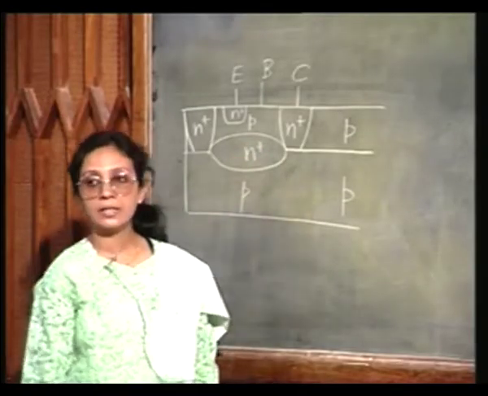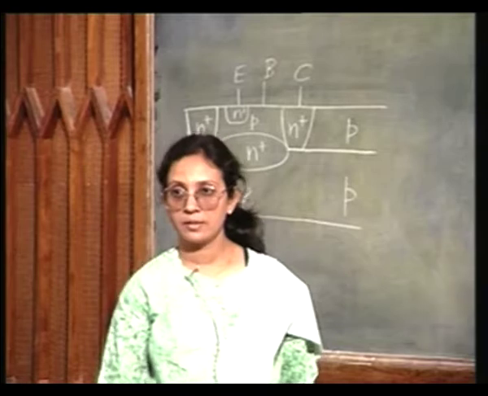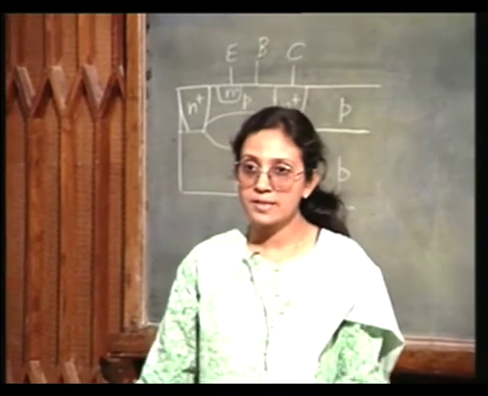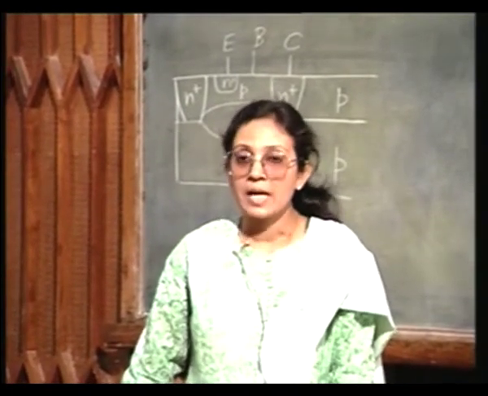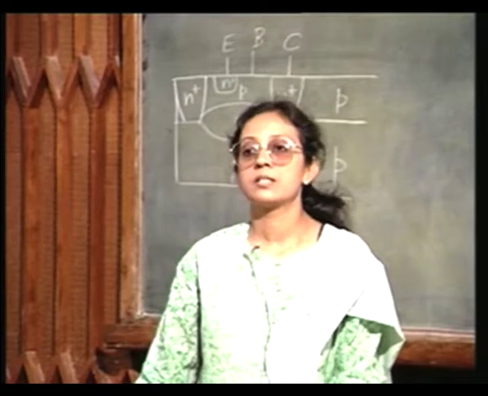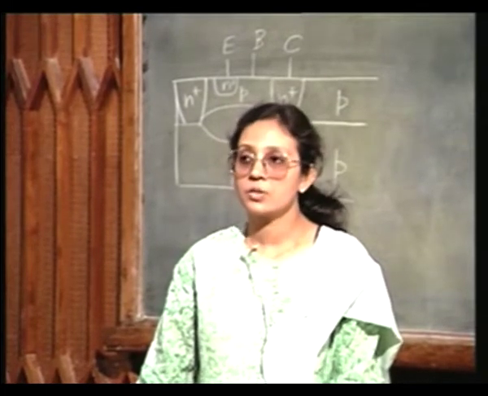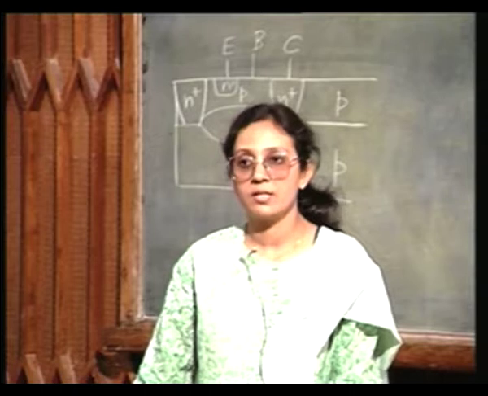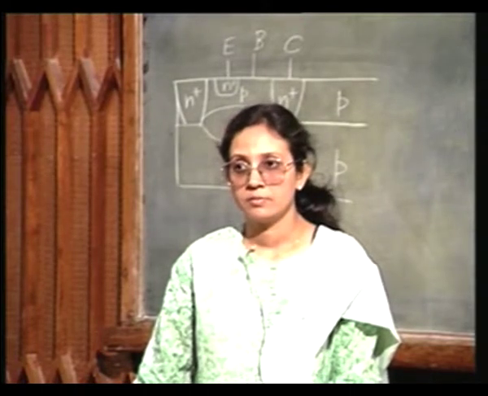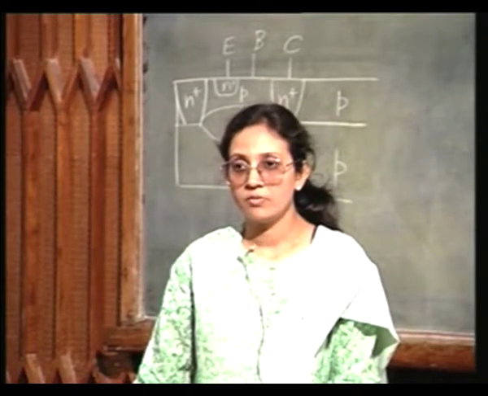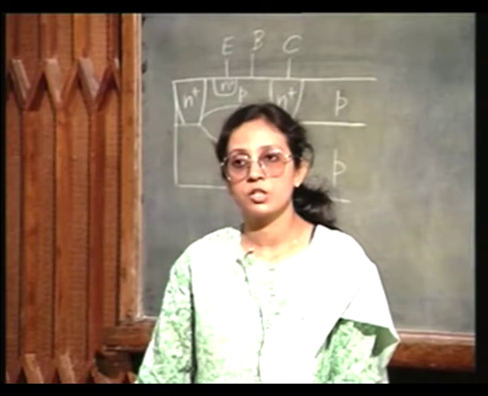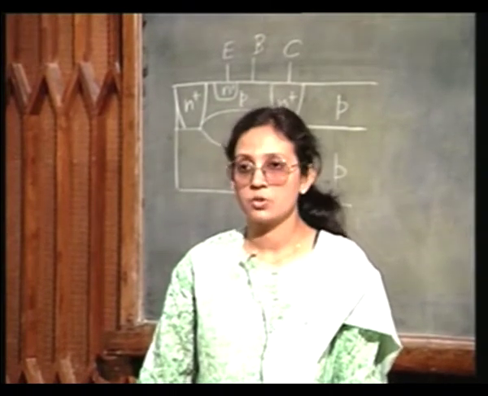Now, collector is n plus. I have throughout n plus collector, and this collector substrate junction is isolating the 2 adjacent devices. The reverse biased collector substrate junction is creating the isolation.